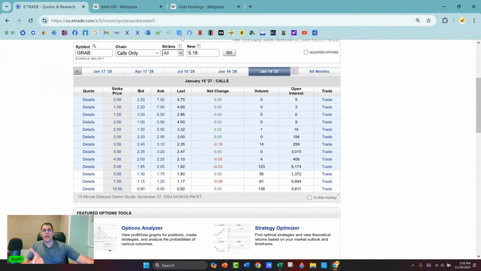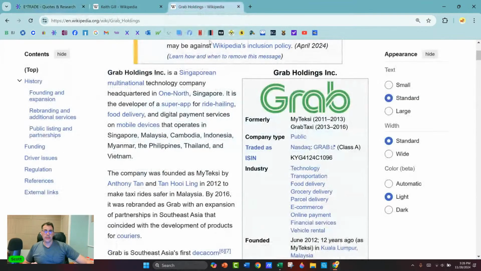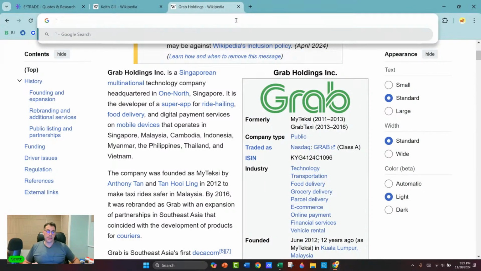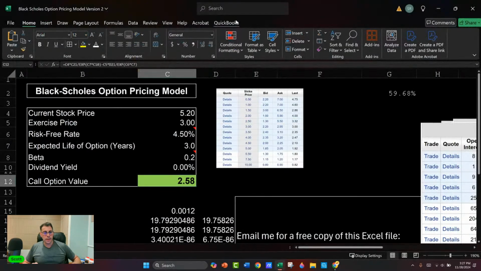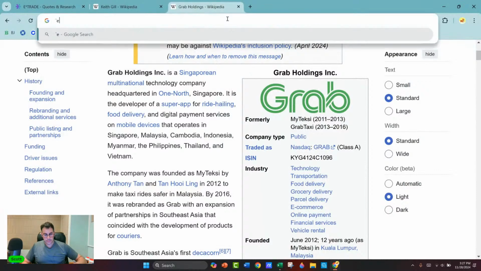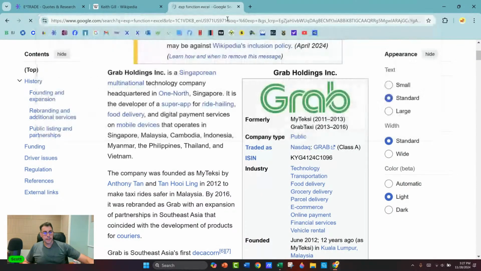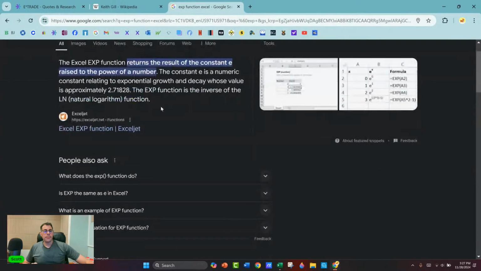When you explain what an asset is, that makes sense. But trying to explain options, because you have to explain derivatives and calculus, it's not that straightforward. So the EXP function is the inverse of the natural log function.